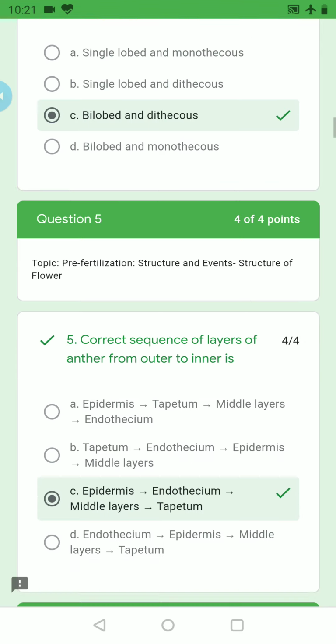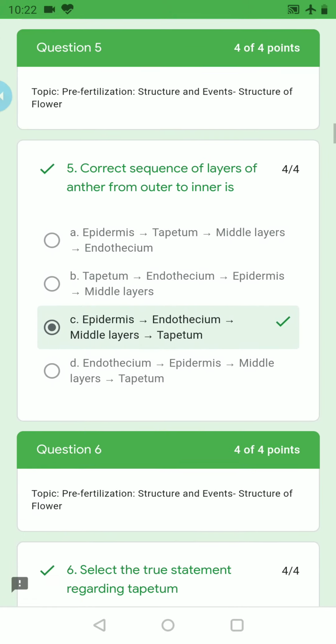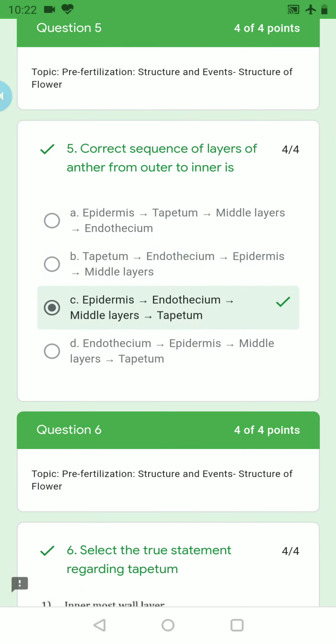Next question, the fifth one: the correct sequence of layers of the anther from outer to inner. Sometimes in examinations they may ask from inner to outer, so write down the logic distractor for this one. This question is related to the TS of a young anther.